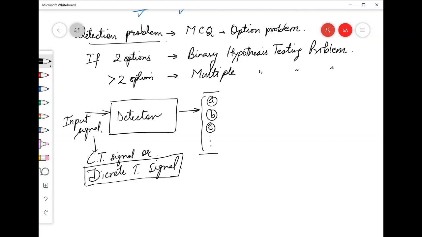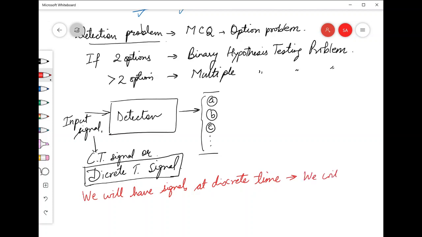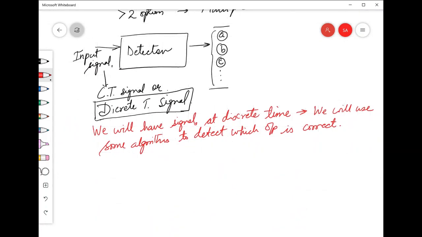So we will have signals at discrete times, and from them we will use some algorithms to detect which option is correct. This is what we are going to do in detection theory.